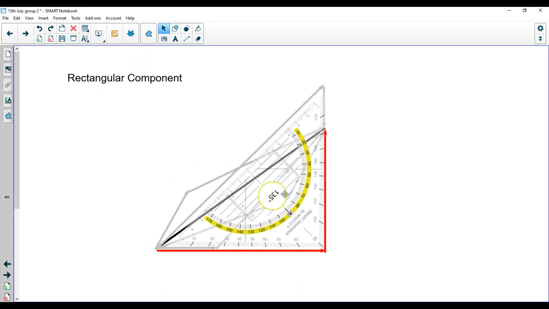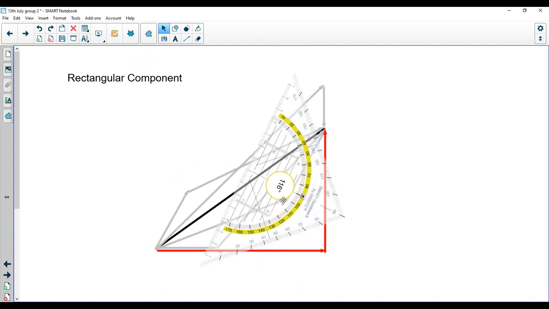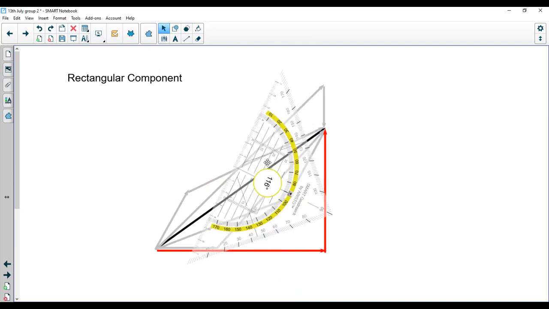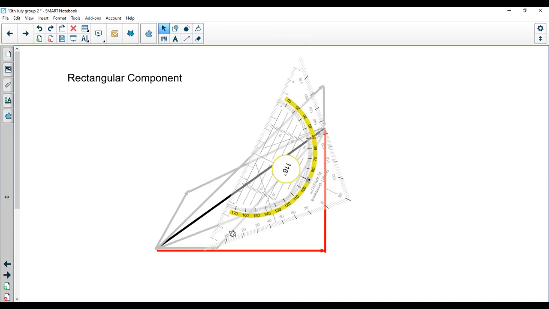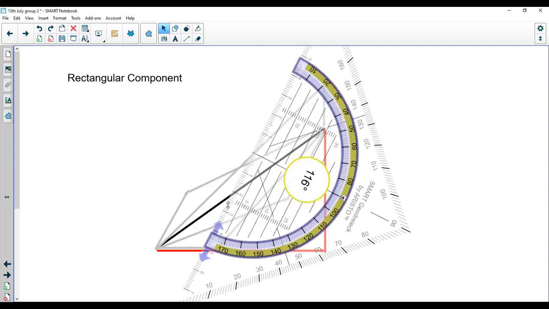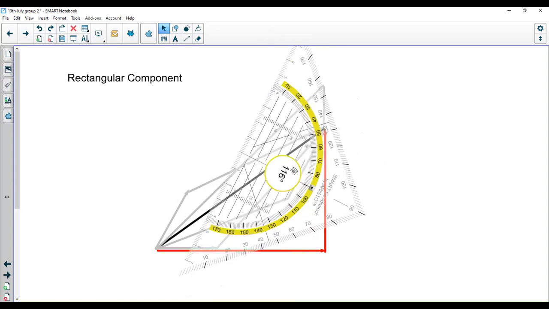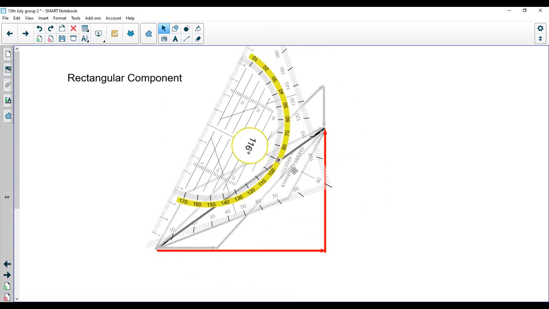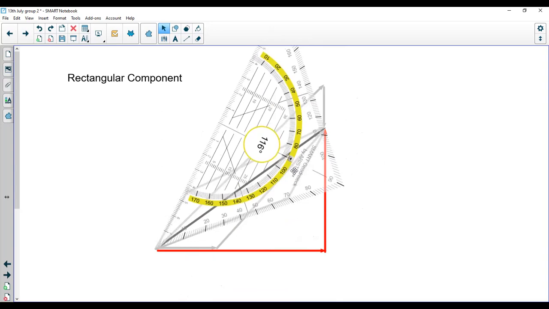Is that right? Now look at this thing, which I'm going to draw right now.